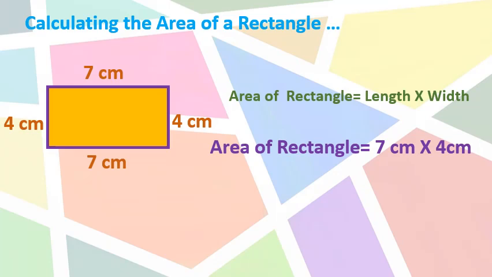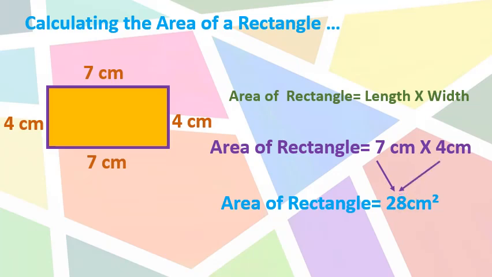The width is 4 centimeters. So area of rectangle is 7 centimeters times 4 centimeters. So area of rectangle is 28 centimeters squared. From where did we have the 28? It's 7 times 4, and centimeter squared is centimeter times centimeter.